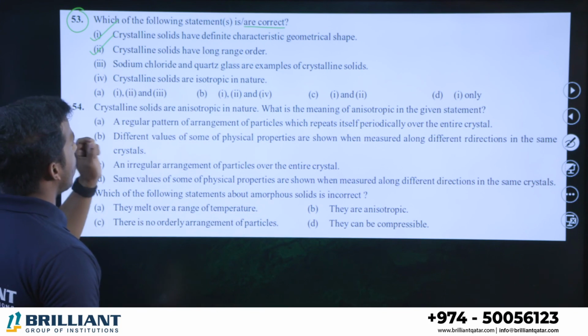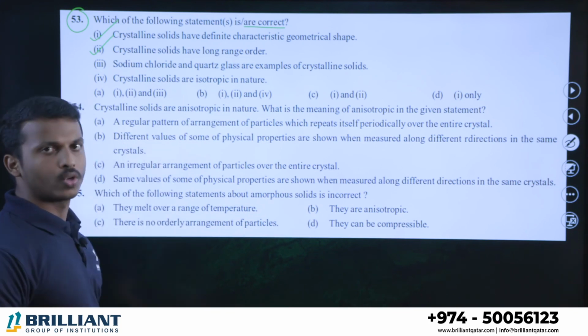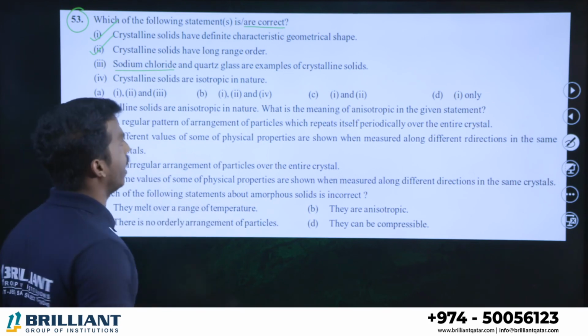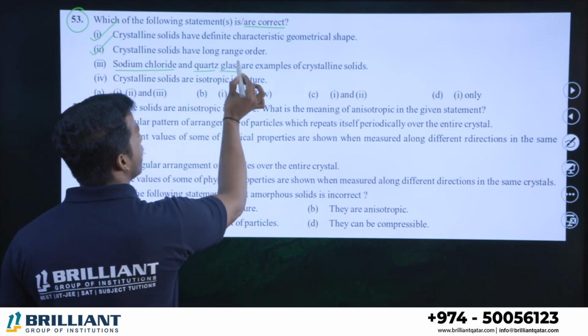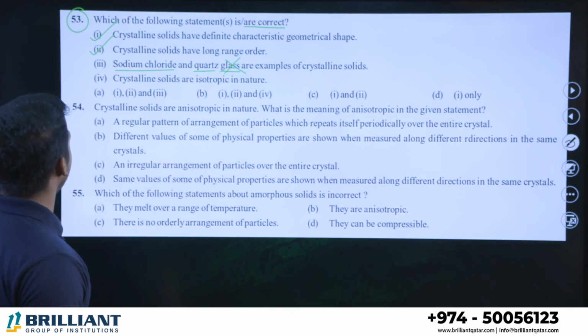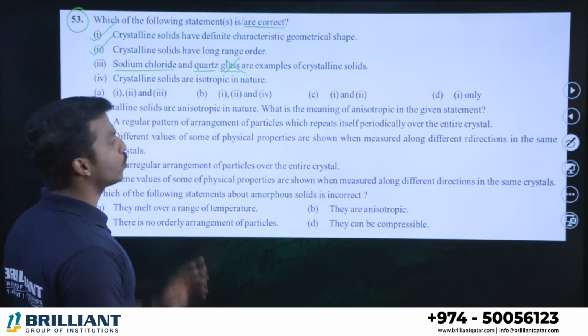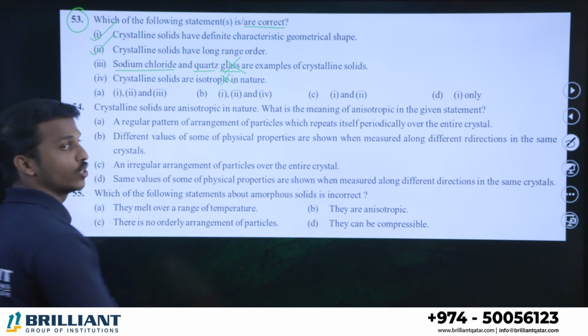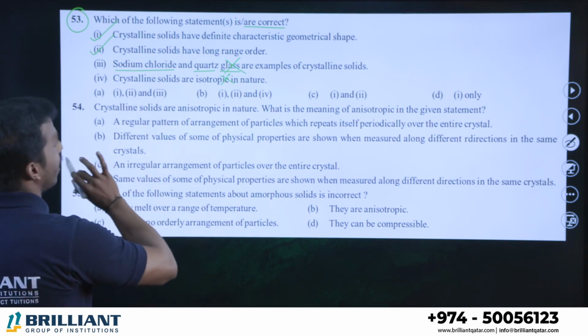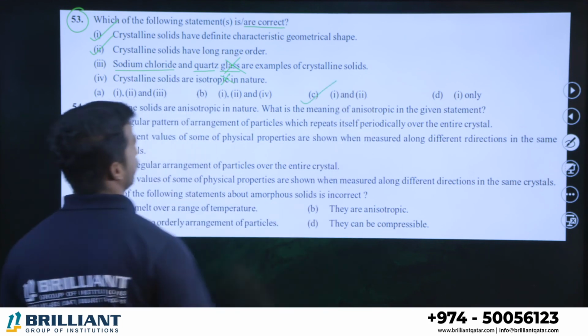Sodium chloride and quartz glass are examples of crystalline solid? Sodium chloride is a crystalline solid, okay. But quartz glass is amorphous, right? That's a wrong statement. Crystalline solids are isotropic? No. Crystalline solids are anisotropic in nature. So only statements 1 and 2 are correct.